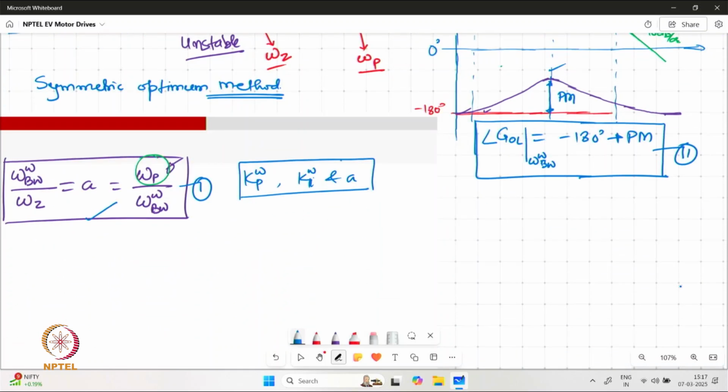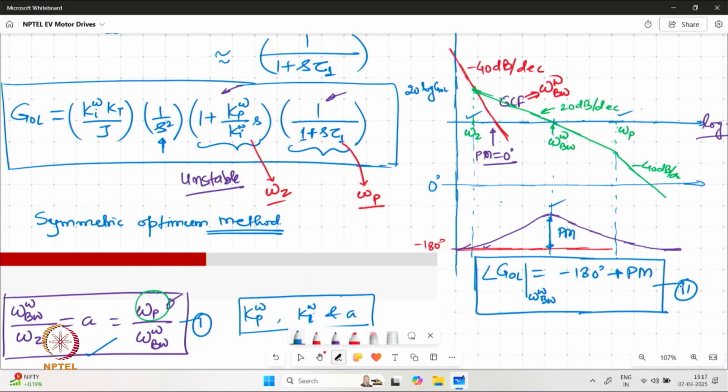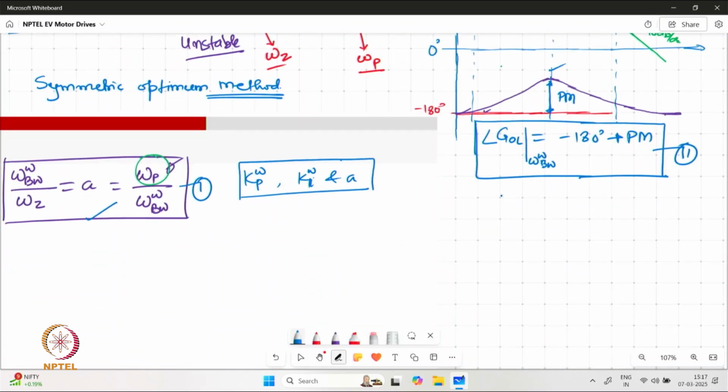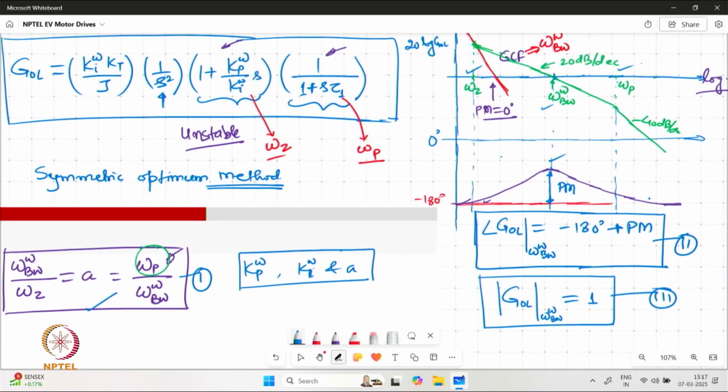And the third one is that we want this gain plot to cross the 0 dB line at omega b omega. So that's another condition what we need to impose on that. So gain of the open loop system at omega b omega is going to be 1. So these three conditions we are going to use, and we are going to solve these three variables.